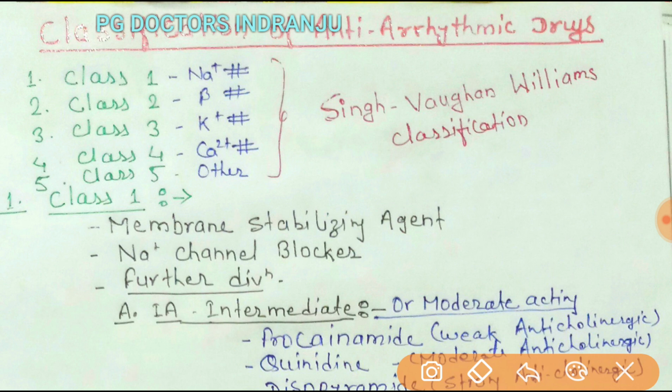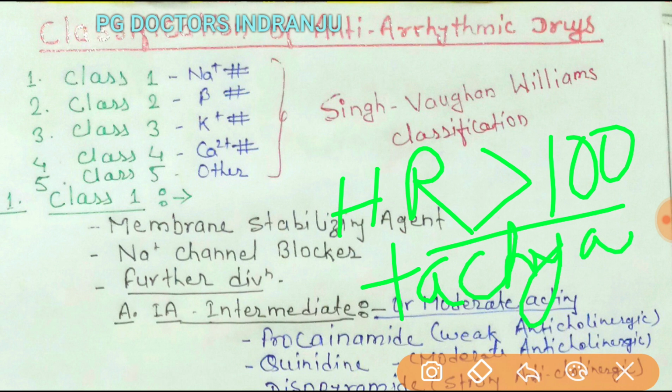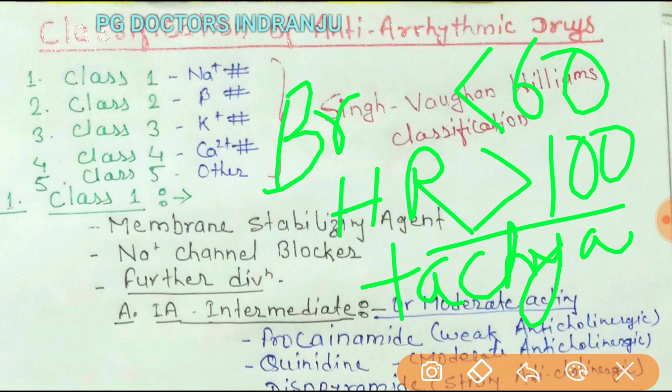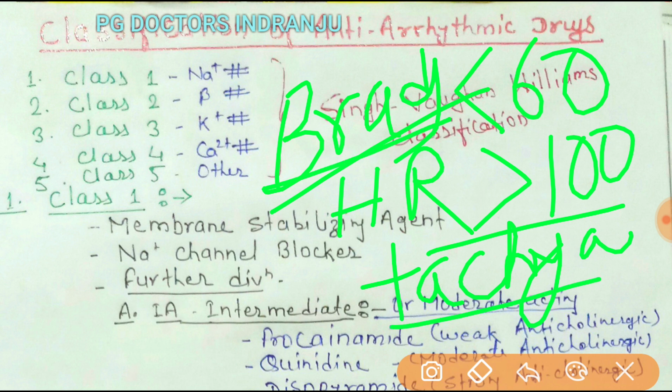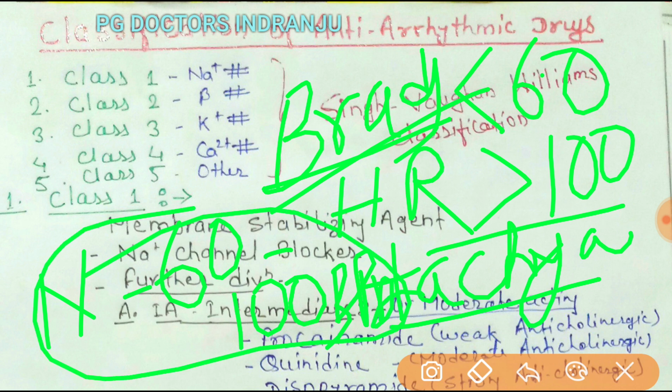When the heart rate is more than 100, it is called tachycardia, and below 60 is called bradycardia. 60 to 100 beats per minute is the normal condition.